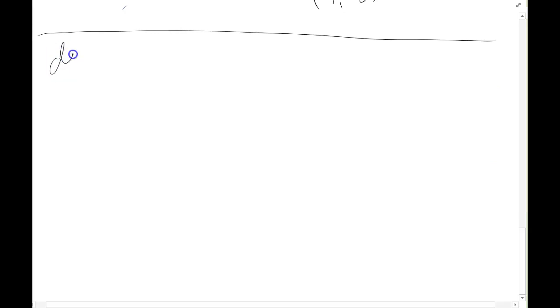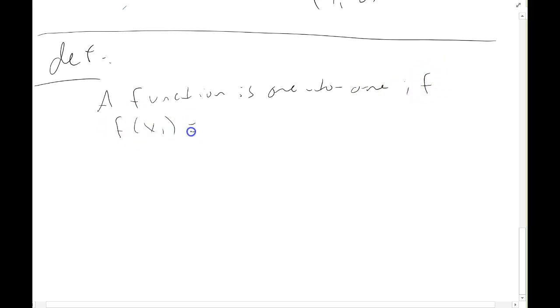So let's give this a definition. This has a special name. That name is called one-to-one. We say a function is one-to-one if two y coordinates are the same, then the two x coordinates also must be the same.